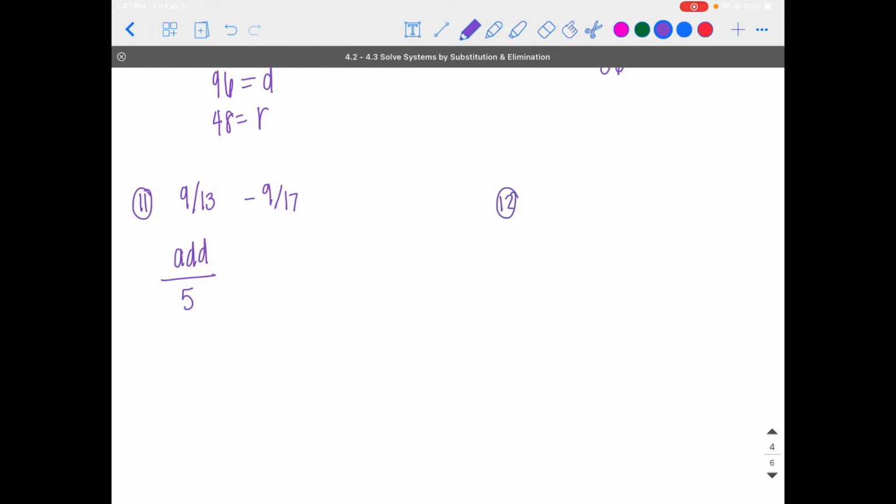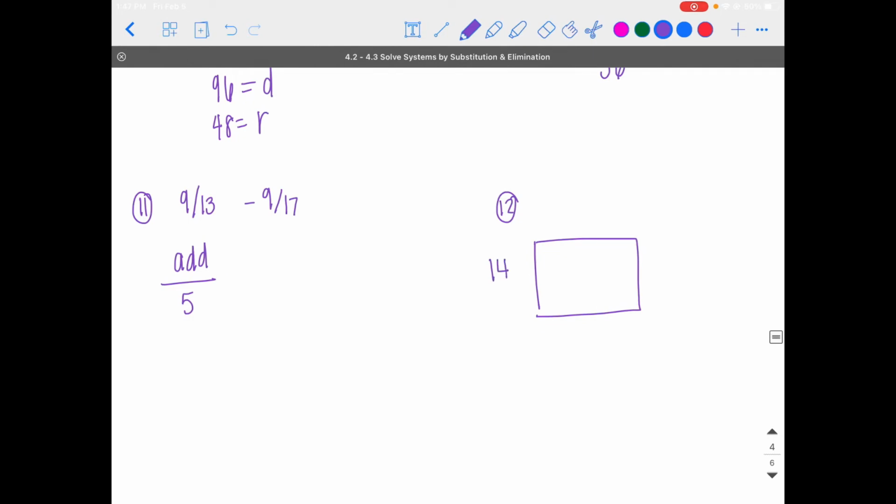Number 12. We have a rectangular tabletop that is 14 by 48. We want to know the length of the diagonal. So we have to do the Pythagorean theorem. A squared plus B squared equals C squared. 14 squared plus 48 squared equals C squared.